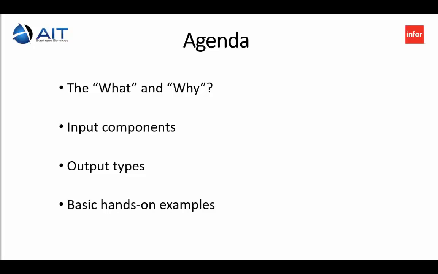We'll also cover the common elements between them, the differences between them, and why each one is best for a different type of situation. Finally, we'll look at what options exist for the final output of each tool. It's all going to culminate in basic hands-on examples, which we'll see at a couple of points throughout this presentation.